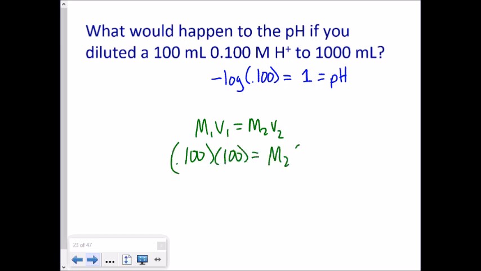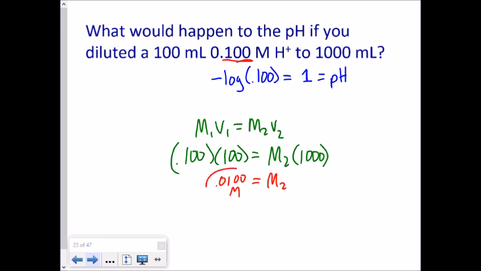What's our new molarity when we divide by the 1,000 and dilute it? What's M2 going to be? 0.01, exactly, or 0.010 if we were going to go with the same number of significant figures as in this measured value.